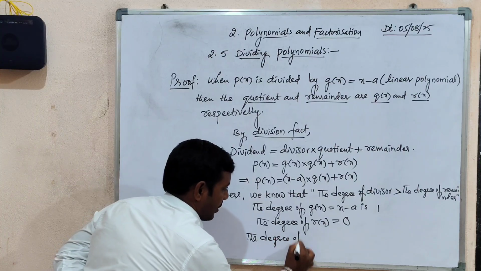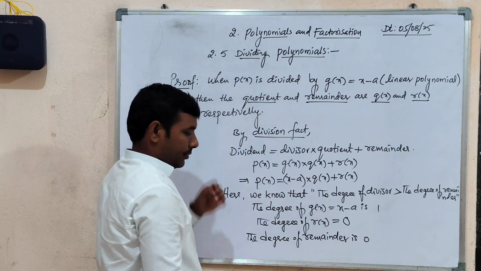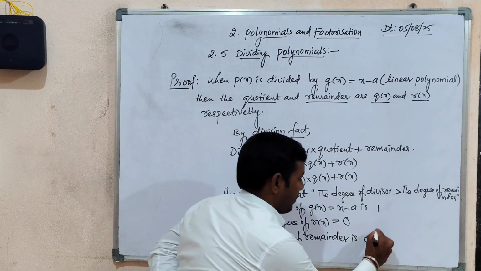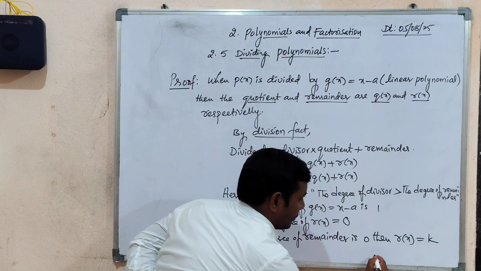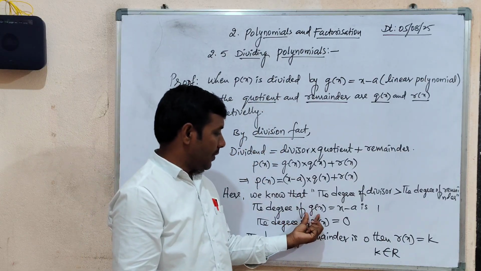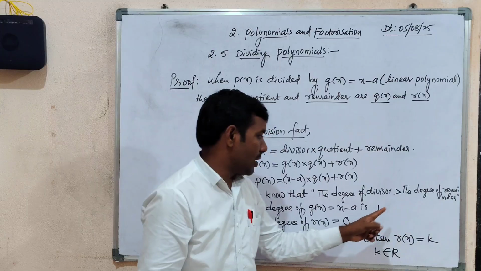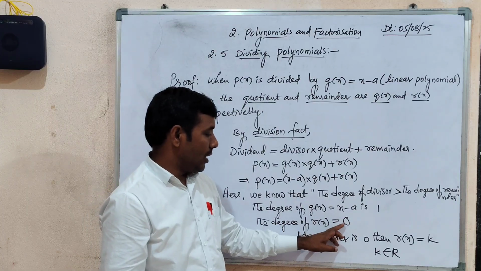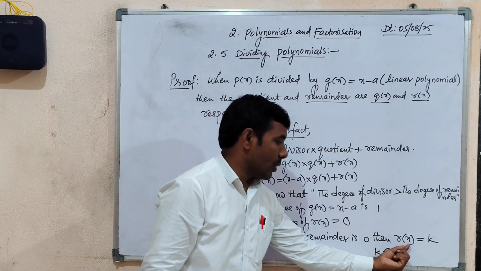The degree of the remainder is 0. Then r of x is definitely a constant k, where k belongs to the real numbers.